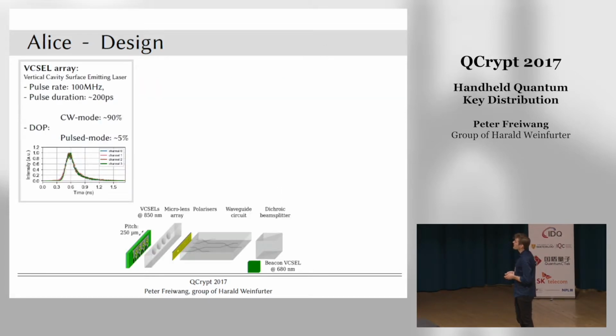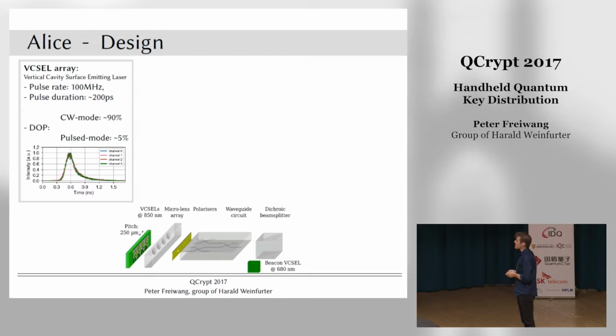We drive the diodes with a repetition rate of 100 megahertz, and we achieve a pulse duration of 200 picoseconds. Tests from us showed that we can also push this further and reach shorter pulse durations. We can show that the temporal overlap of the 4 diodes is almost perfect.